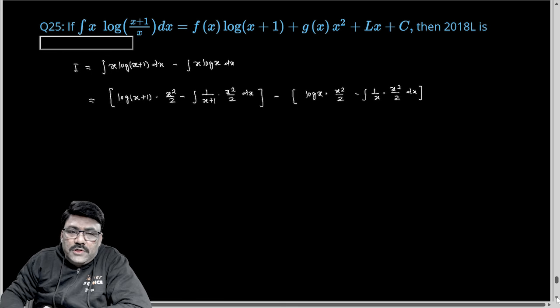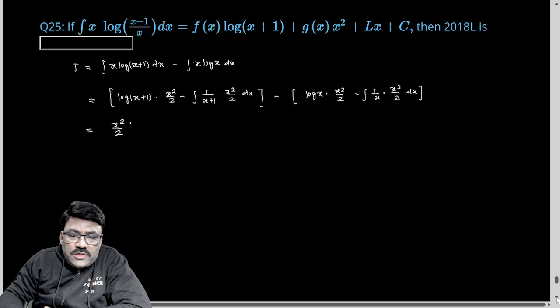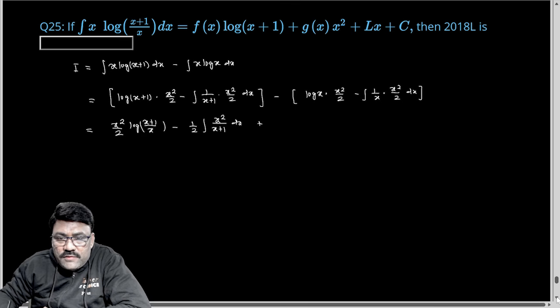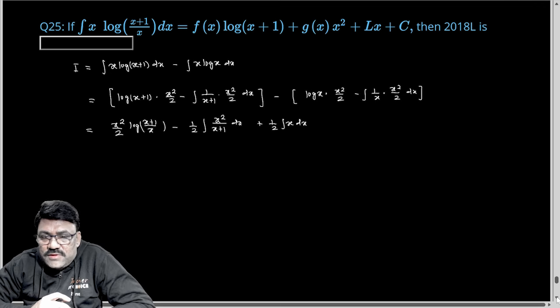So you are getting x square by 2, here log(x plus 1), here log x. So log((x plus 1) by x). And then you are getting here half times the integral of x square over (x plus 1) dx, and here you are getting plus half the integral of x dx.